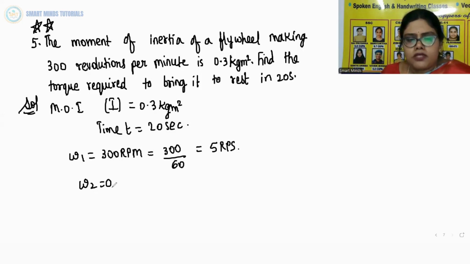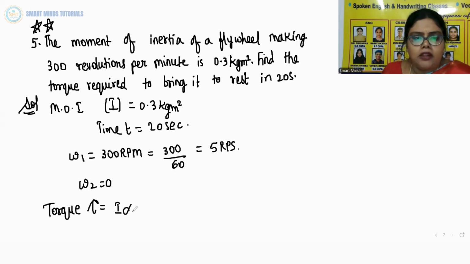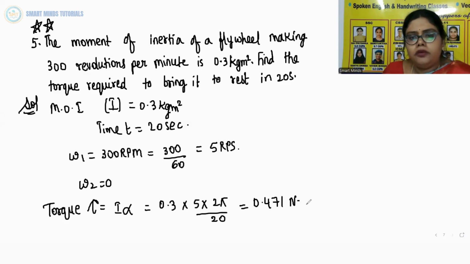So the final velocity is 0. Now we have a formula for torque. Torque is denoted by tau, that is I alpha. I is 0.3 and alpha is 5 into 2 pi by 20. If you cancel these all, you get 0.471 Newton meter.